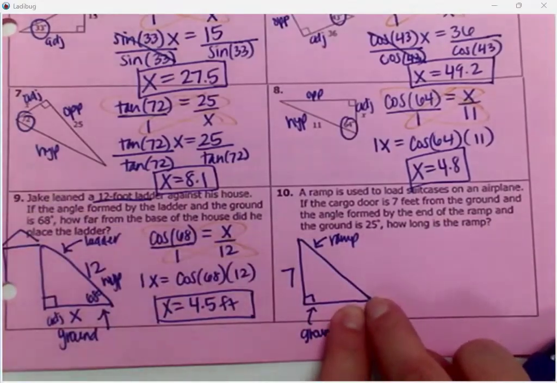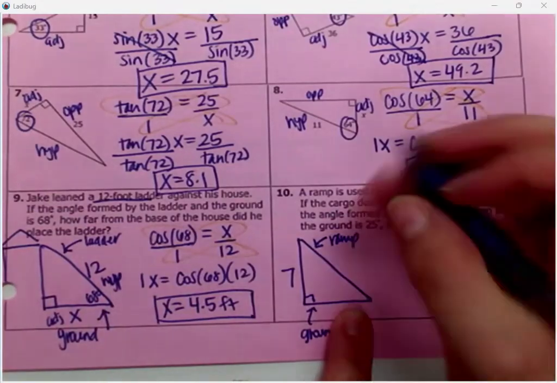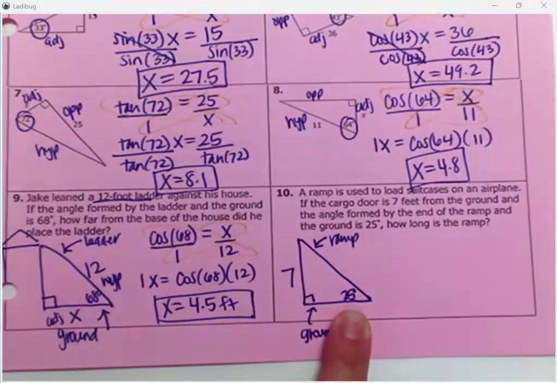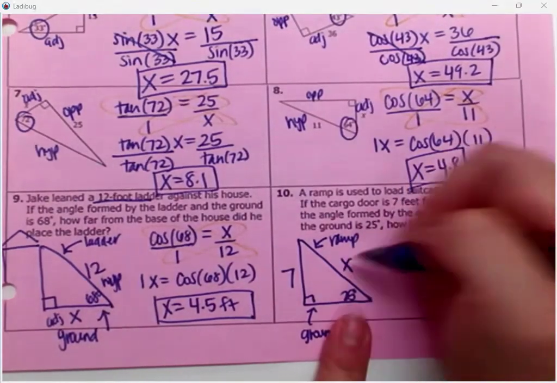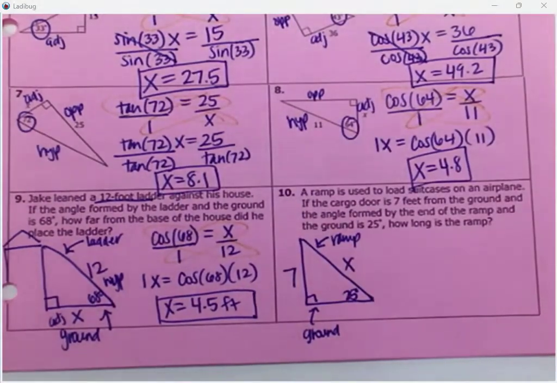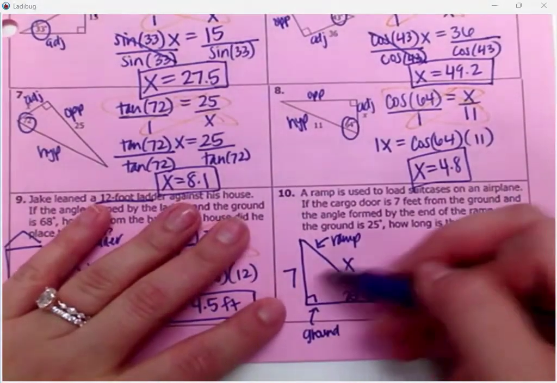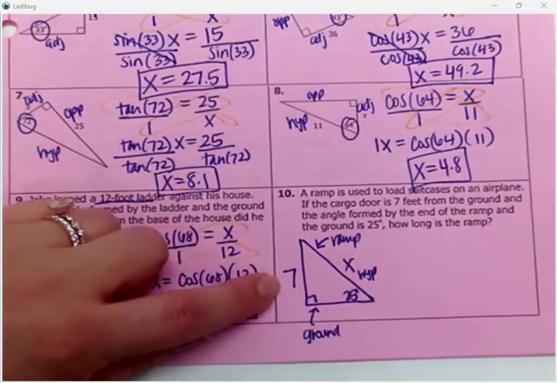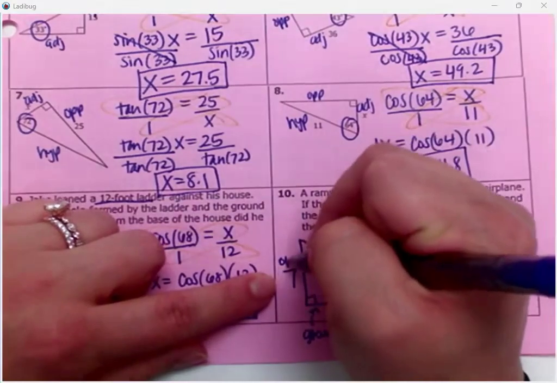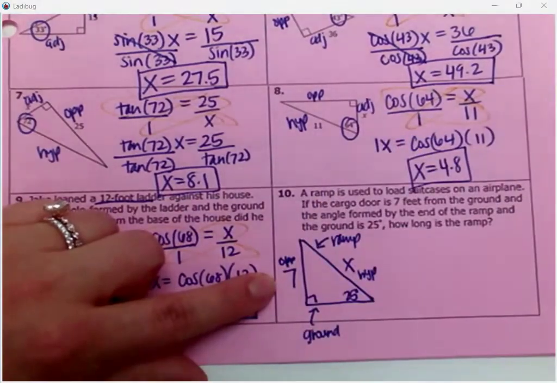So that means in this corner, what do I label? 25. It wants to know how long is the ramp. Well, the ramp is considered what? X, which is your hypotenuse. So based off of the information provided, this is my hypotenuse. What do I label the 7? Opposite. So what trig function am I using?